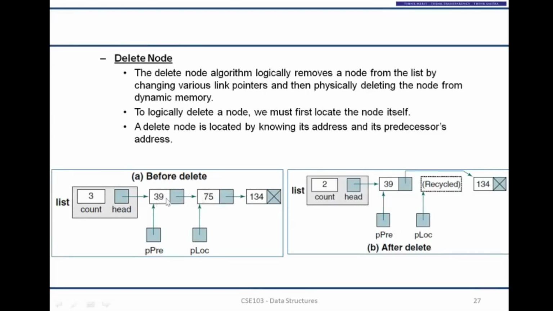Now 39's next should point to 134. That is, we should give a statement: 39's next equal to 75's next. That's it. That is, predecessor node's next equal to p location's next and delete p location. That's it. P location recycled. Now 39 is pointing to 134. We deleted the 75.